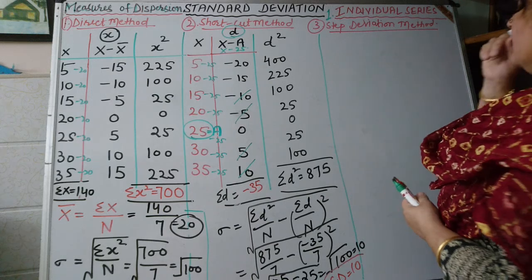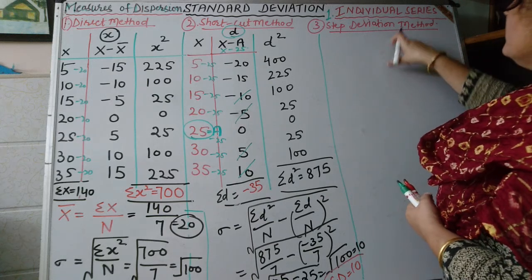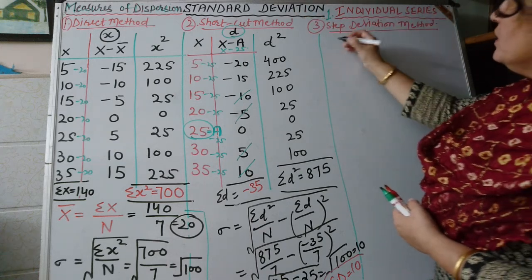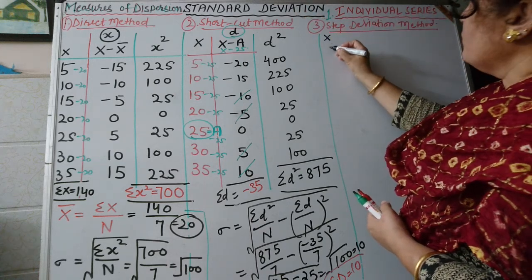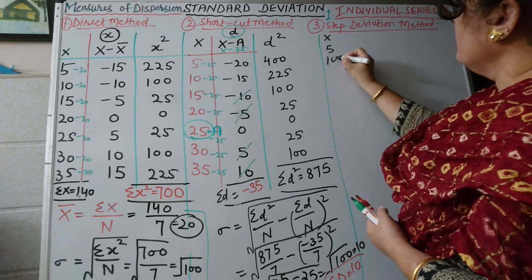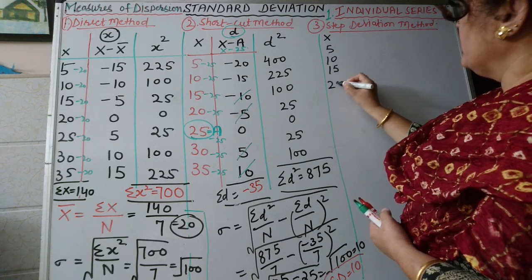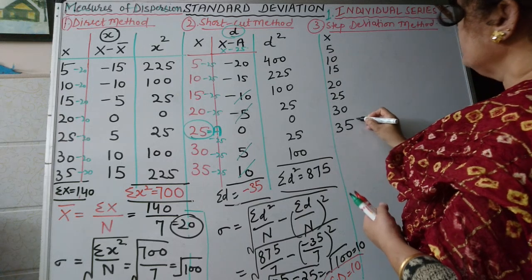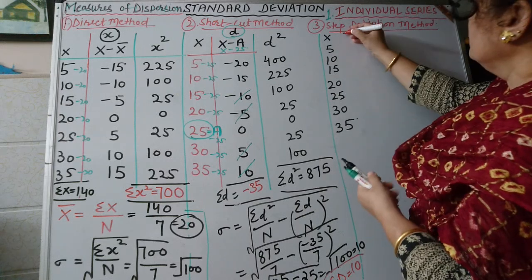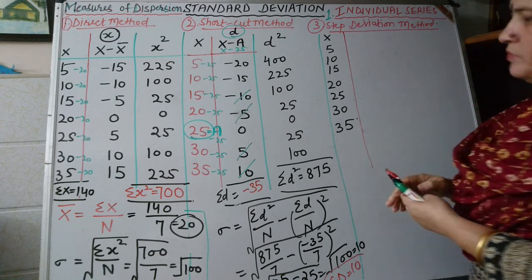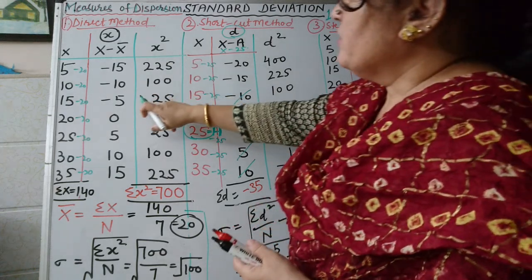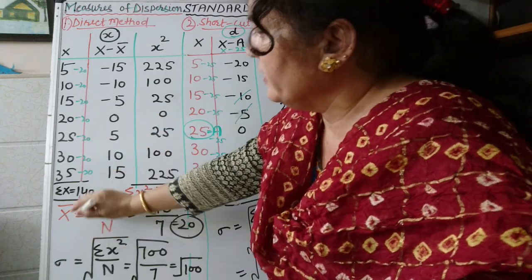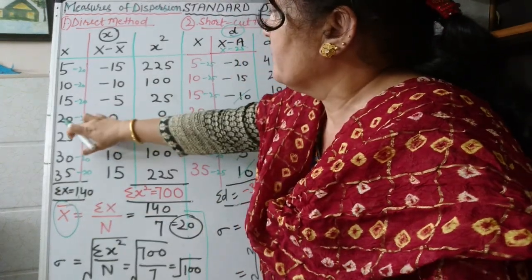Now let us start our third method of individual series. For the calculation of standard deviation, the statement is same, the values of x are same: 5, 10, 15, 20, 25, 30, 35. And now we have to assume. In the first method we didn't assume, rather we calculated arithmetic mean, that was 20.